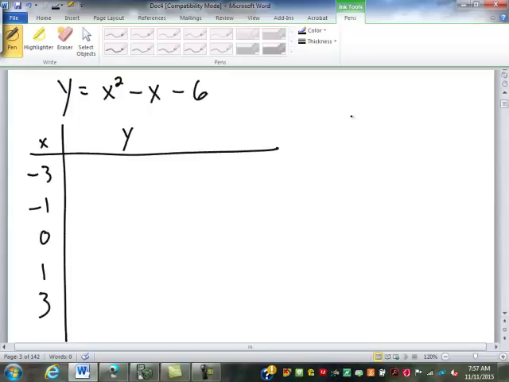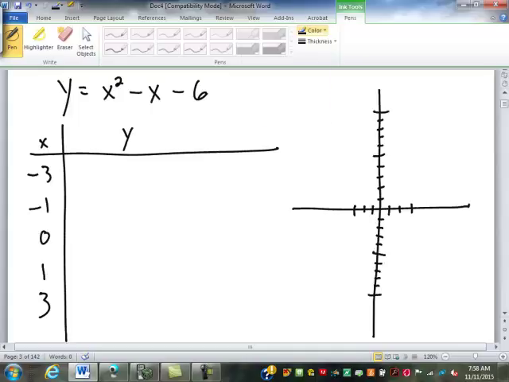They may or may not be enough to get us a decent graph. Let's try the -3 here.